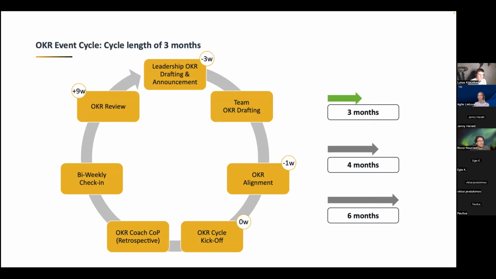And going then into the alignment meeting with the other teams, kicking the OKRs off, doing a retrospective, and then using probably sprint reviews for a bi-weekly check-in to see if you're really using OKRs, if they're really progressing, or if you're just standing still and need other initiatives. And then in the end, you have a look at the OKRs, see how much you actually achieved, and try to learn from it. And then the whole cycle starts over again.